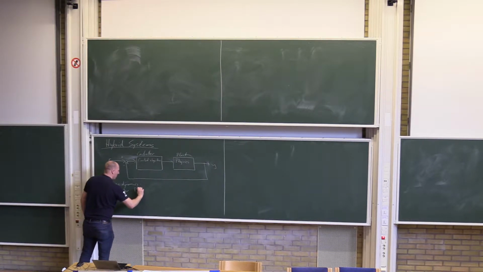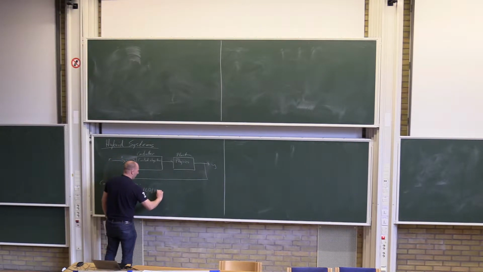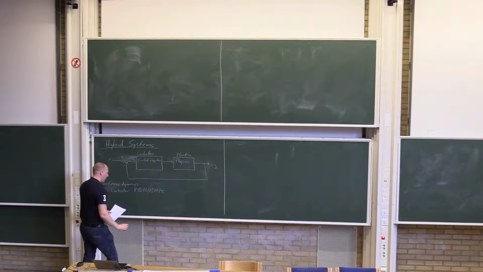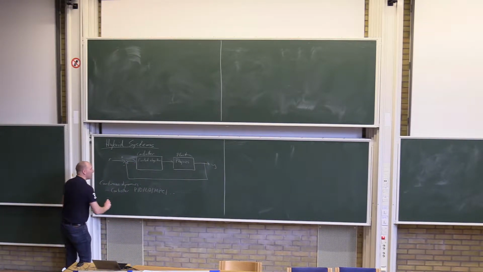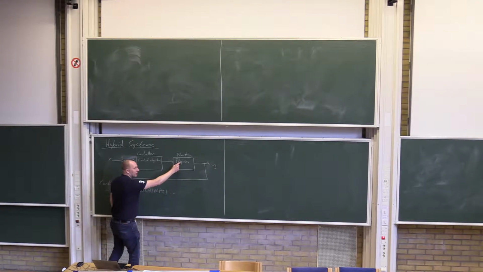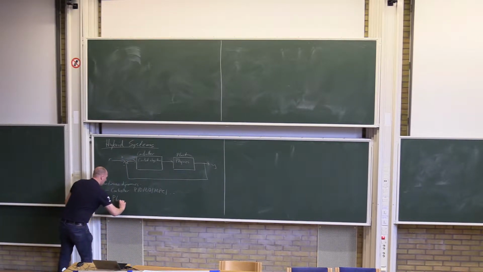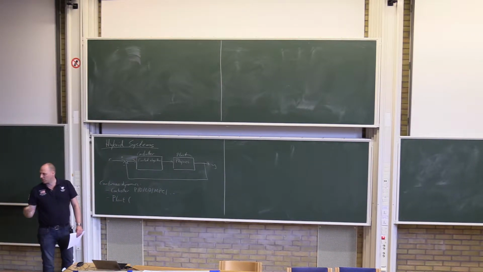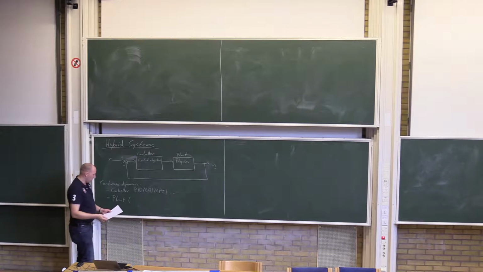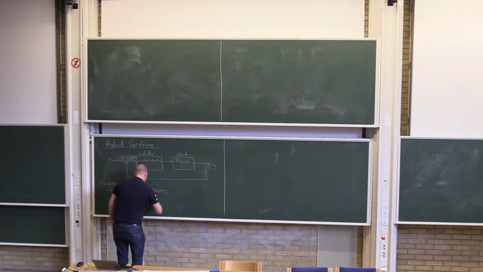We have the PID, we have LQ, it can be some form of model predictive controller, etc. Okay, but we also have it on this side, right? And here we have Newton, Euler, Kirchhoff, the different laws that describe the physics.